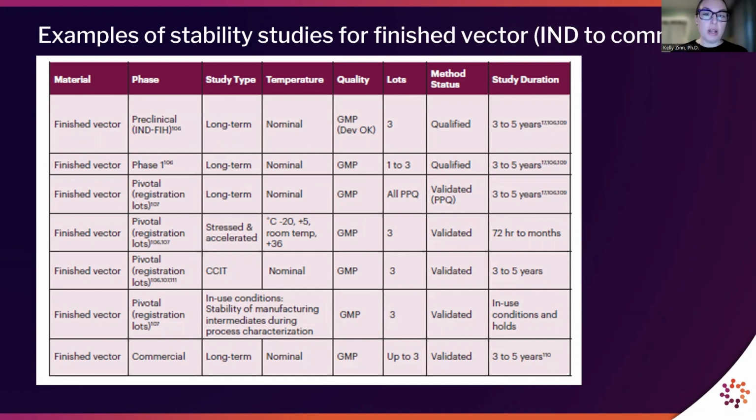The stability strategy for a finished lentiviral vector as a drug substance is usually held to a similar standard to that of the drug product. And major considerations for a finished lentiviral vector drug substance are several-fold. One, it's important to use the same container closure system as that's proposed for the actual storage and distribution of the clinical and commercial material.